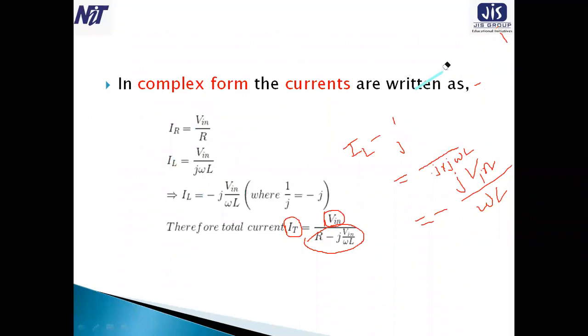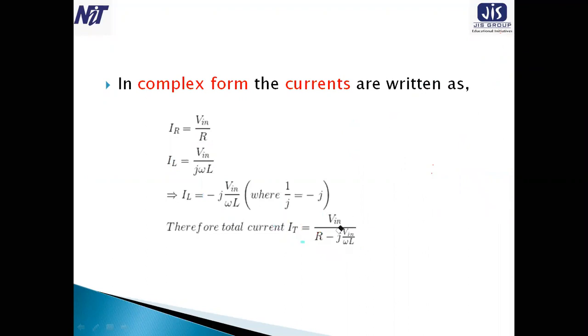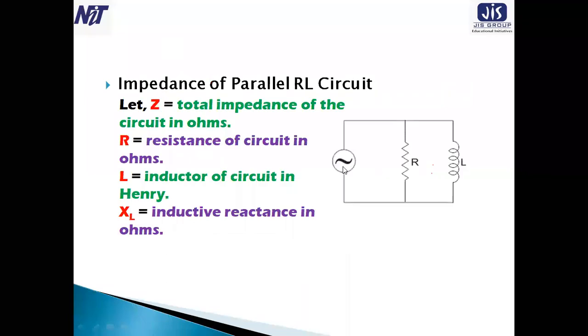Now, we already calculated the values. Here in the circuit we have a resistance and an inductor. With Z we represent the total impedance of the circuit, in ohms, because ohm is the unit of impedance.